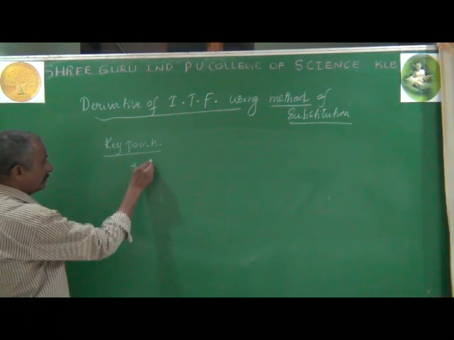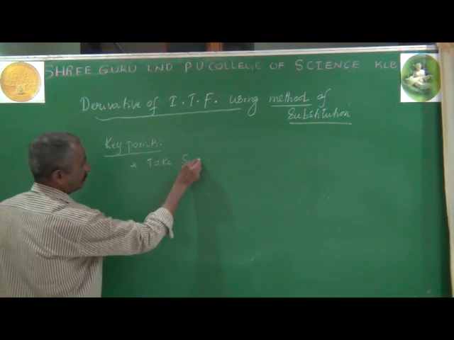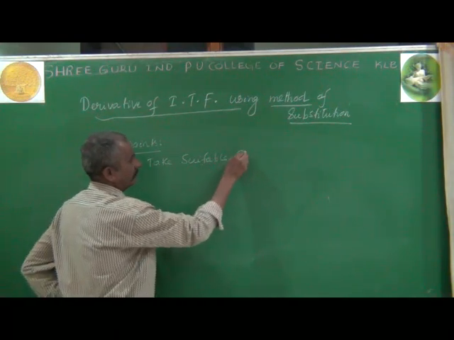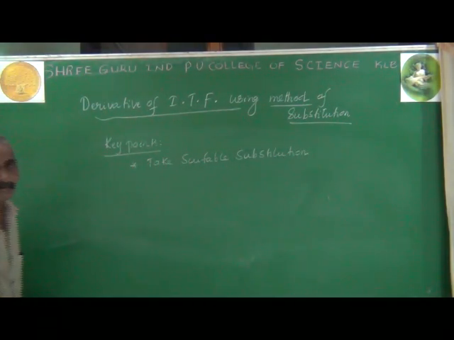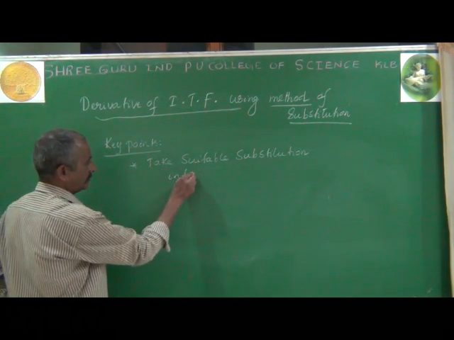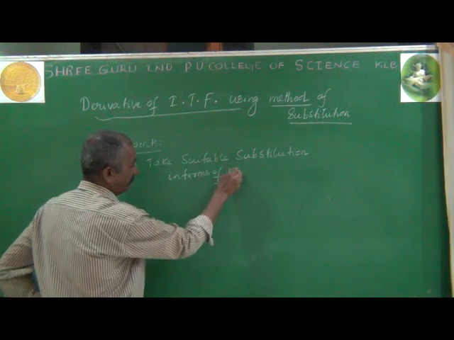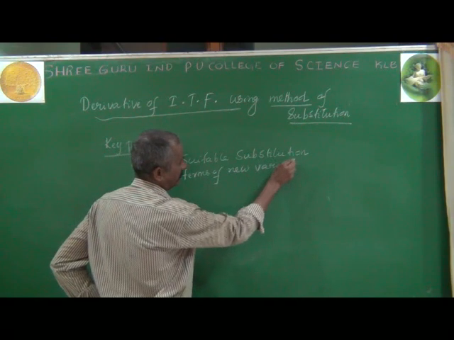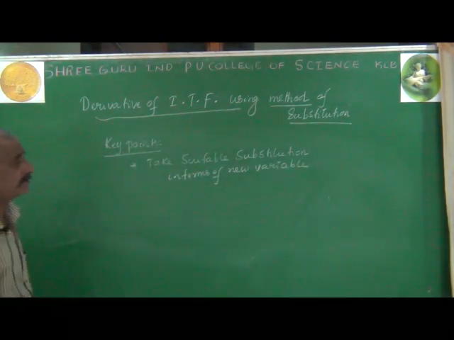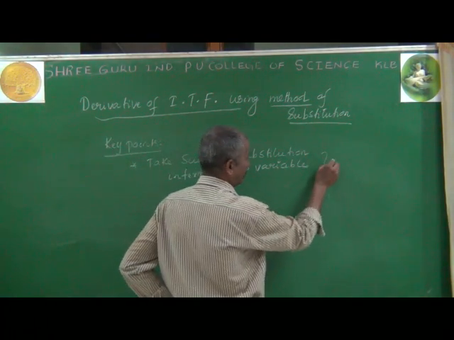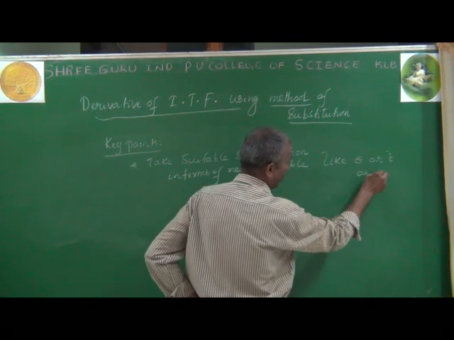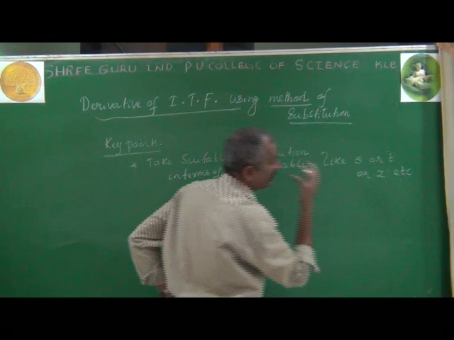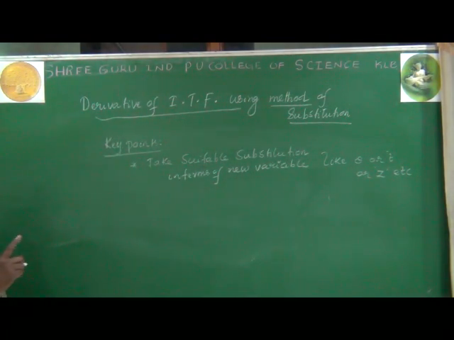First step, take a suitable substitution in terms of a new variable, like theta or t or z, etc. But more importantly, not all, any one of theta or t or z depends on your individual choice.